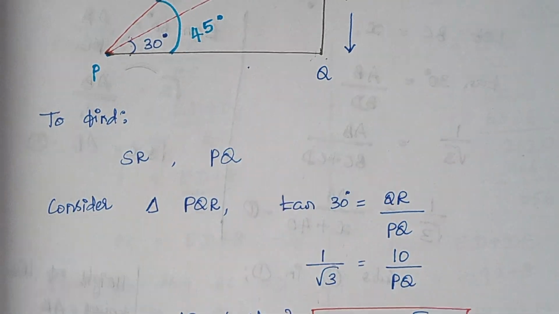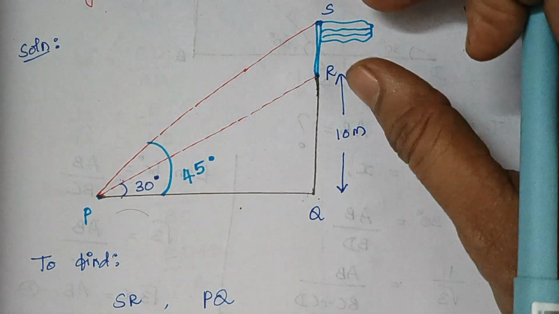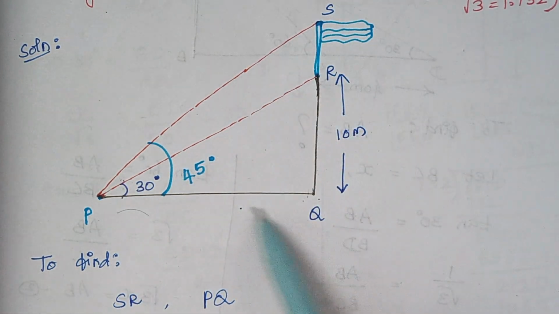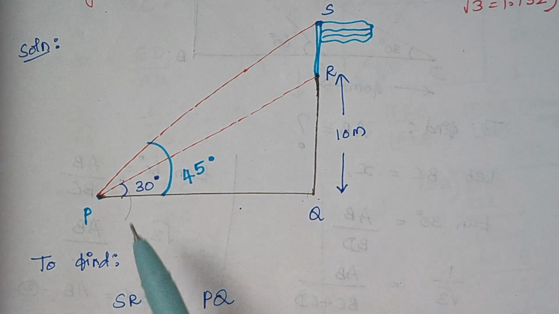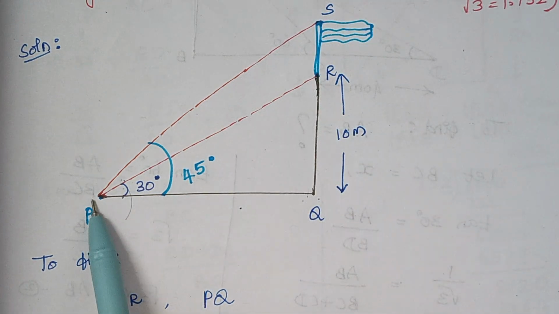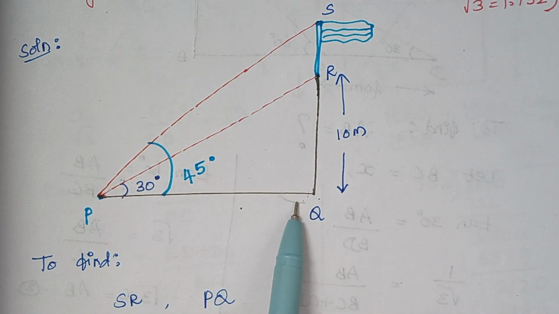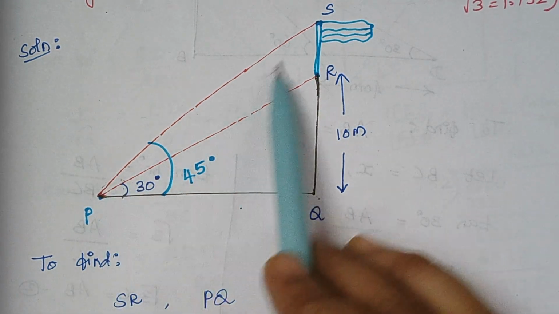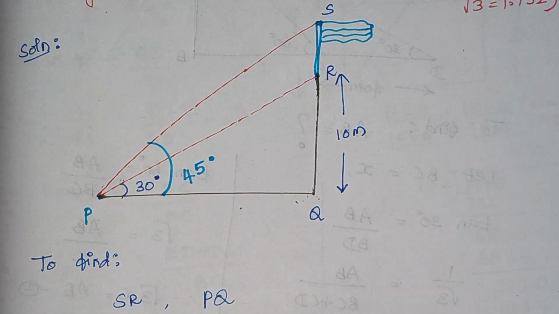The next thing is we need to find the value of SR. Here we have to consider this bigger triangle. Now I know the value of PQ. PQ is common for this triangle as well as for this triangle.